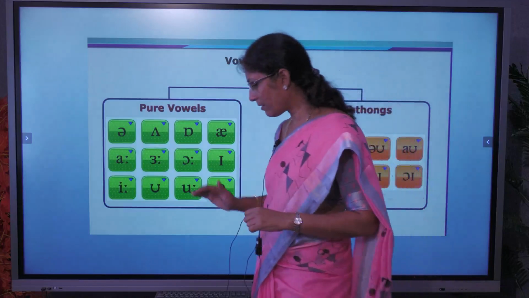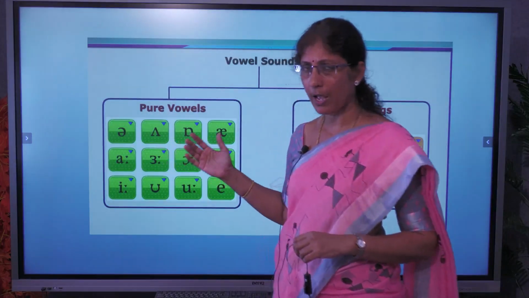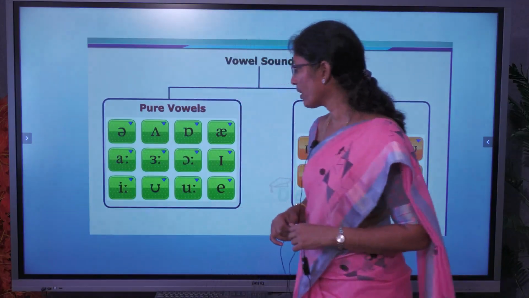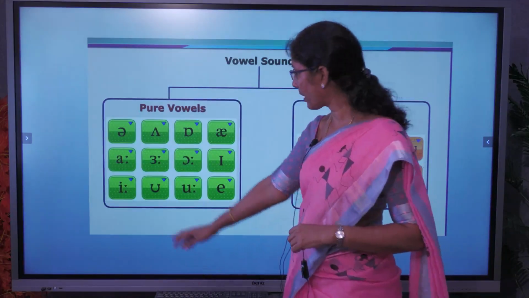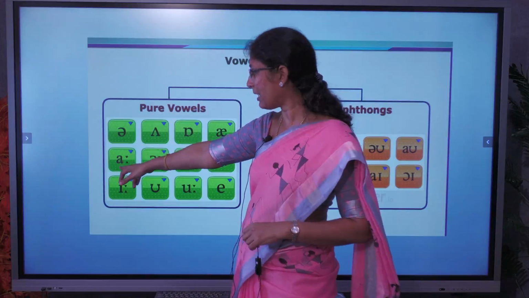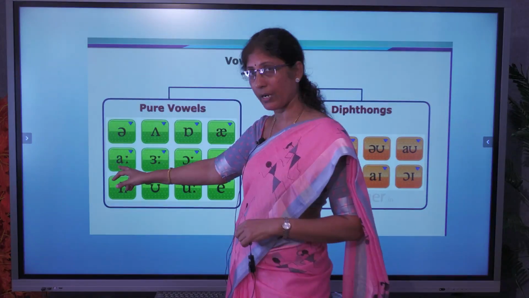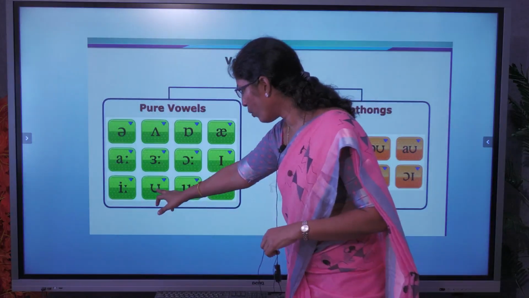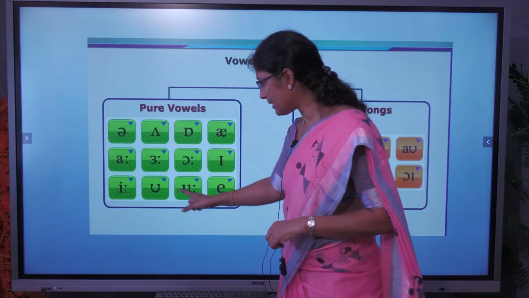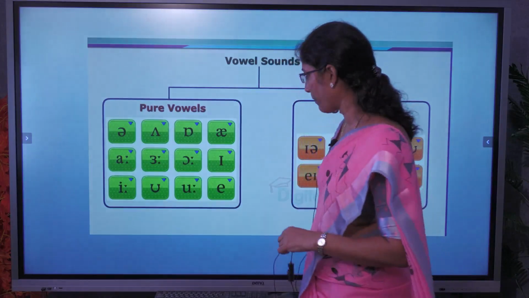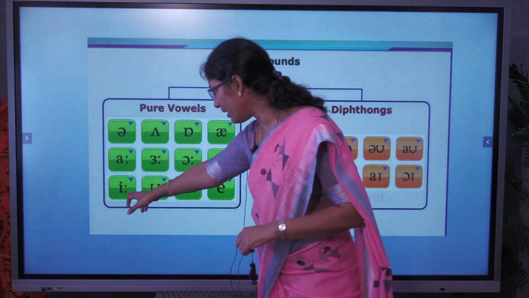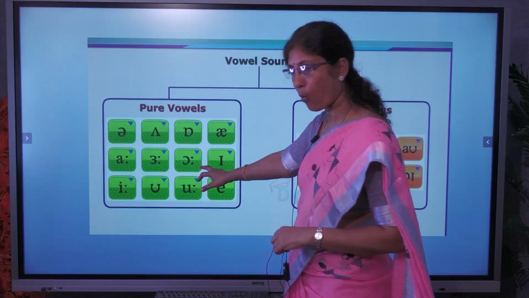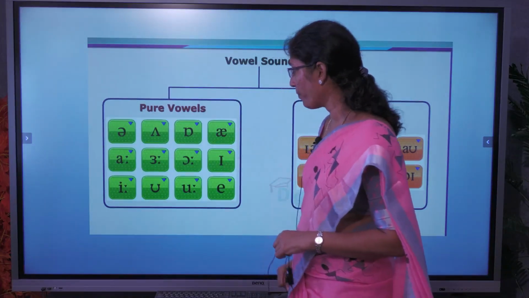See that some short vowels have corresponding long vowels. Suppose you take 'a', there is a long 'a'; you can easily identify it. Let us take 'u' and long 'u'; you can easily identify them, the symbol is also similar. Then 'e' and long 'e', 'o' and long 'o'.